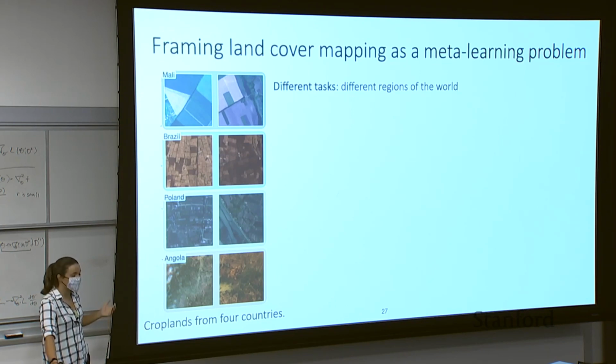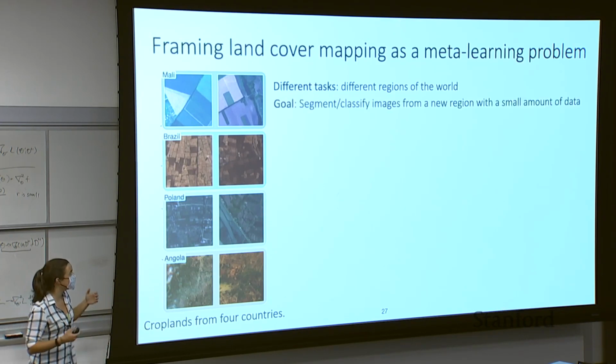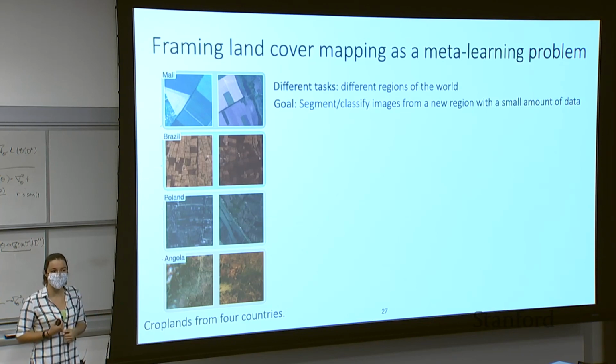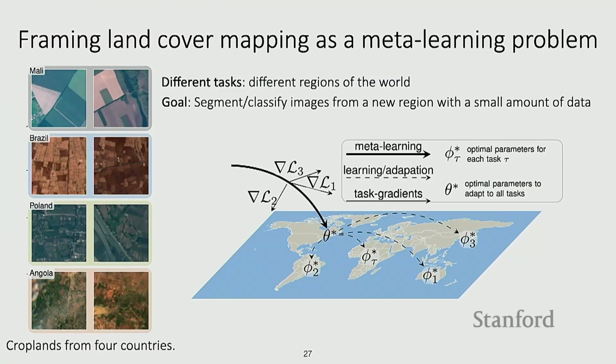And so hopefully we'll be able to leverage a lot of annotated data from some parts of the world to be able to segment images from a new region of the world with only a small amount of data from that region. This is a graphic from the paper where they are trying to run this meta-learning process such that it allows them to quickly adapt to different regions of the world and learn a model that can segment land cover in those different regions.